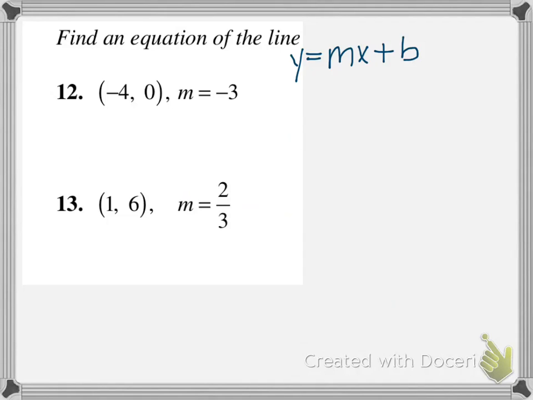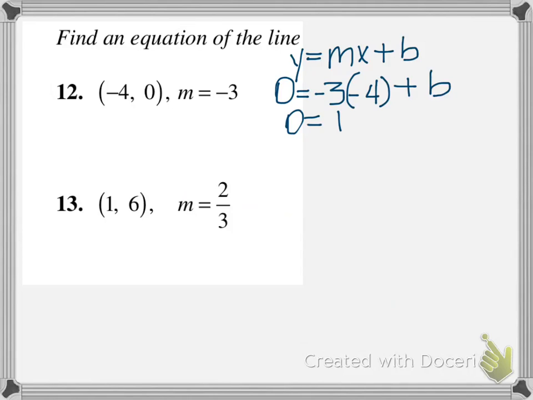So negative 4 is the x, m is negative 3, and I have a y of 0, and that means I don't have a b, which is what I need to find out. I'm just plugging in the information I do have, and this is going to help me find b. Once I have b, then I can write an equation.